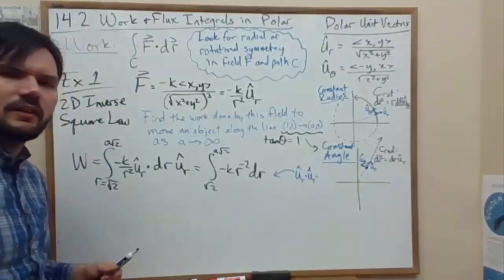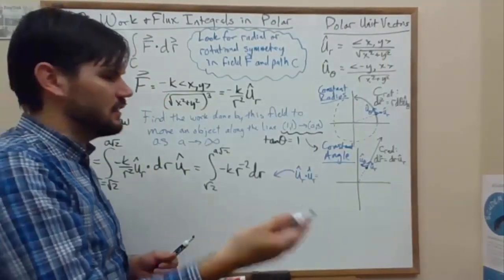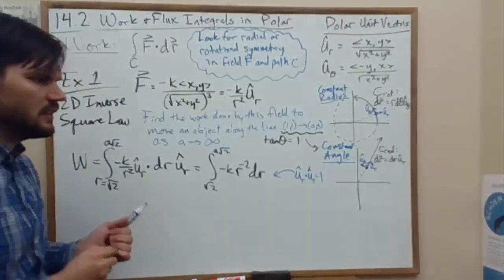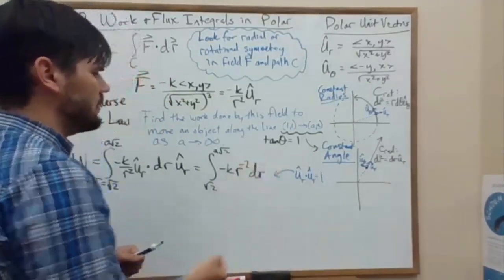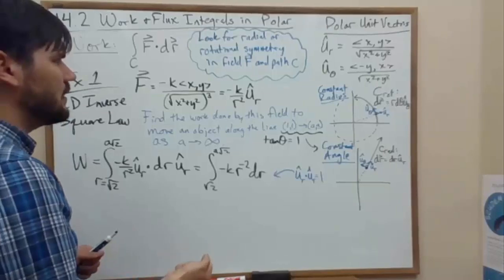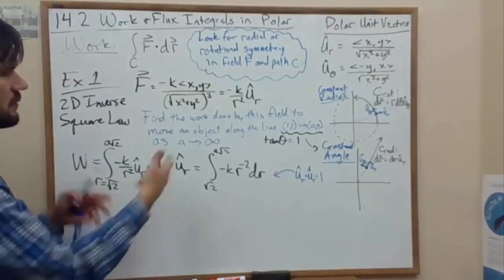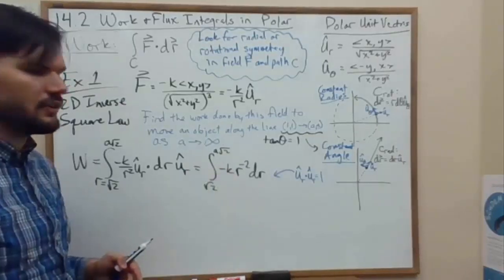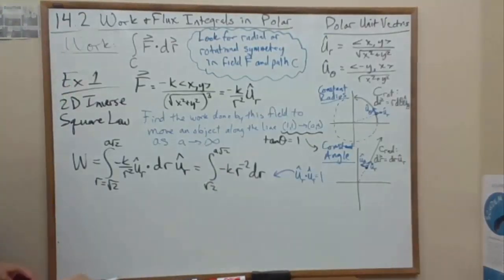And when we dot a unit vector with itself, it's like i hat dotted with i hat, we always get 1. So unit vectors dotted with themselves give us 1, and it really just reduces our line integral over multiple components to just a single integral in the radial direction. So we integrate out.